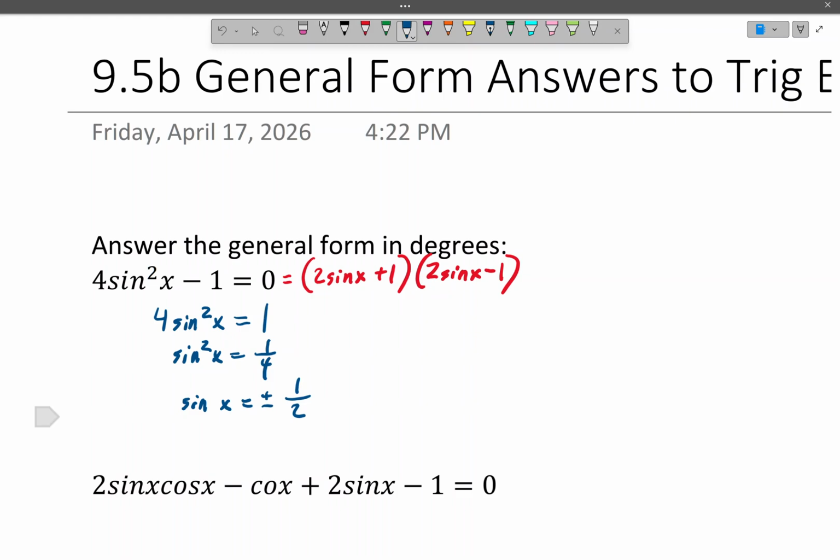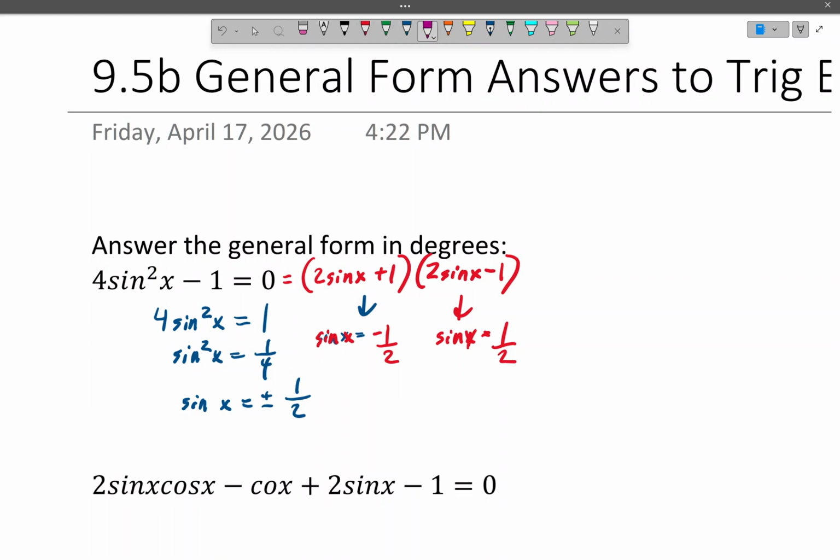Regardless of how you do it, this would tell us that sine x equals +1/2 and sine x equals -1/2. So it matches regardless of how you do it.